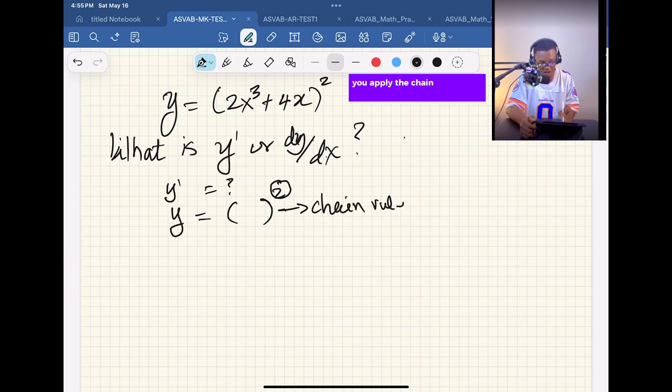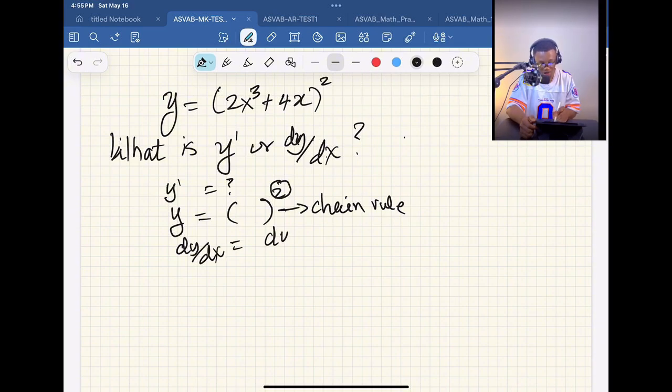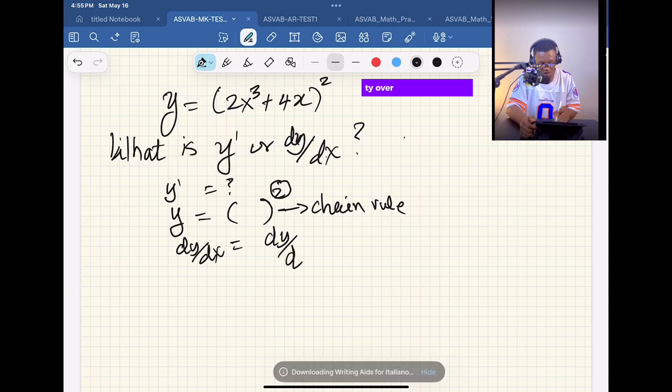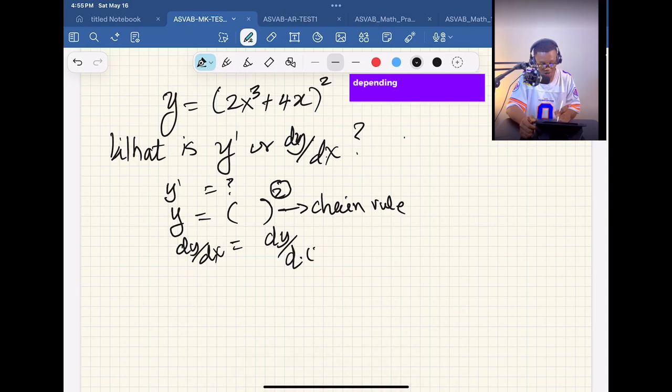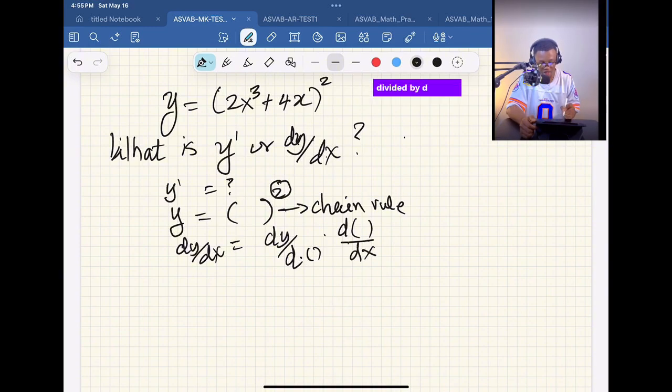You apply the chain rule, which says that dy over dx equals dy over d of a variable, depending on the variable we want, multiplied by d of that variable again, divided by dx.